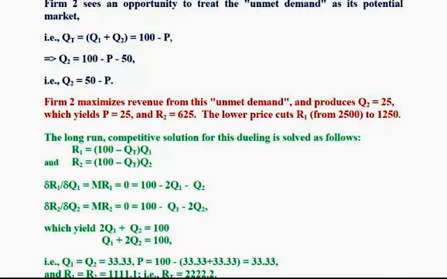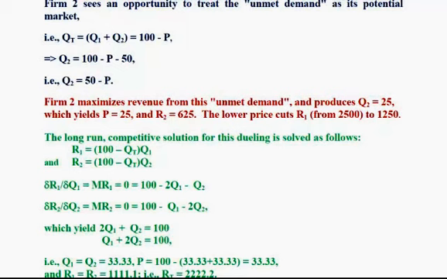Firm 2 sees an opportunity to treat the unmet demand as its potential market, and with the demand Q equals 100 minus P and Q equal to Q1 plus Q2, the quantities supplied by both firms, if Q1 is equal to 50, we can determine Q2 as 100 minus P minus Q1, or 100 minus P minus 50, and that gives us Q2 equals 50 minus P. So firm 2 will maximize revenue from this unmet demand and will produce 25 at a price of 25.